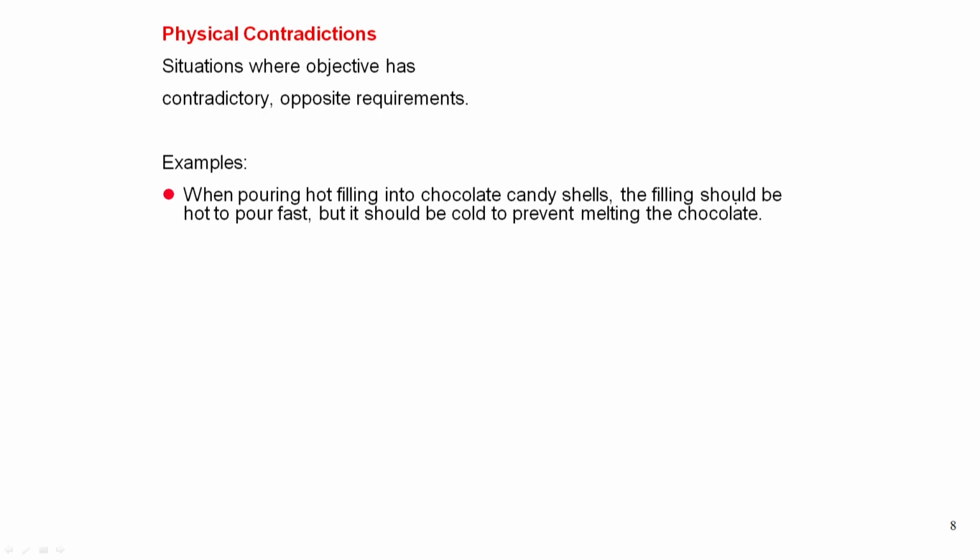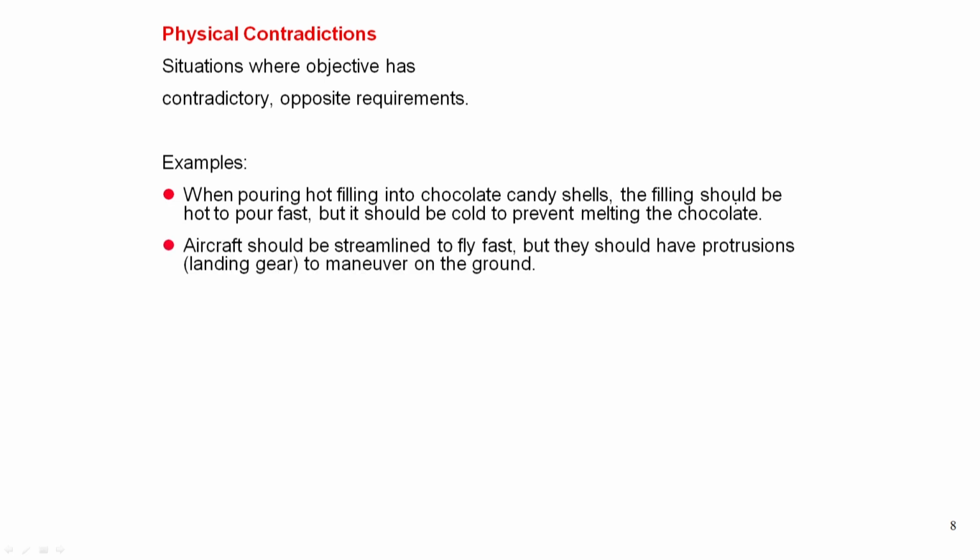When pouring hot filling into chocolate candy shells, the filling should be hot to pour fast, but it should be cold to prevent melting of the chocolate. So, that is a very important contradiction in a hot chocolate fudge. It has to be done in such a way that the fudge is edible.